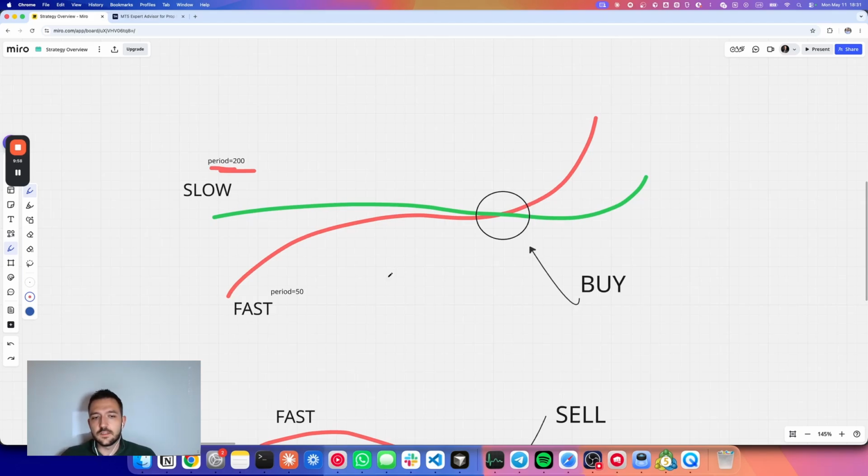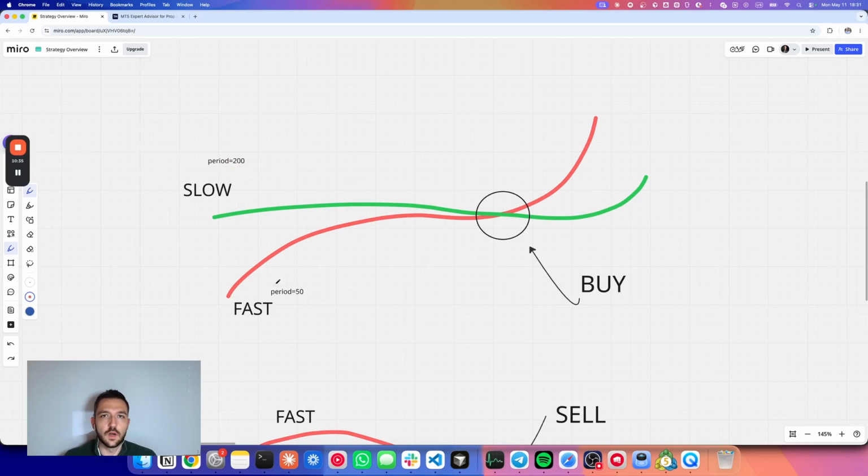So this is what the crossover means, so let's try to interpret this. The crossover between the fast and the slow moving average means that short-term price is going, let's say in this example, this is a buy scenario. So short-term, we see the fast is moving up while the slow was moving down or being stable, meaning that there is a change in the regime or in the trend.